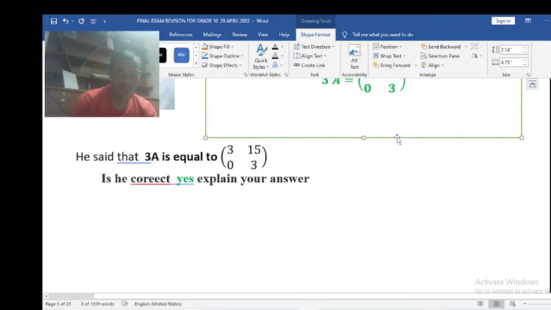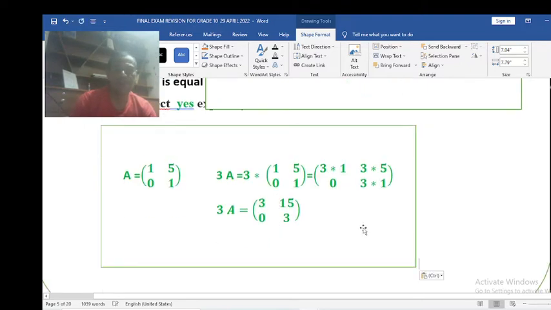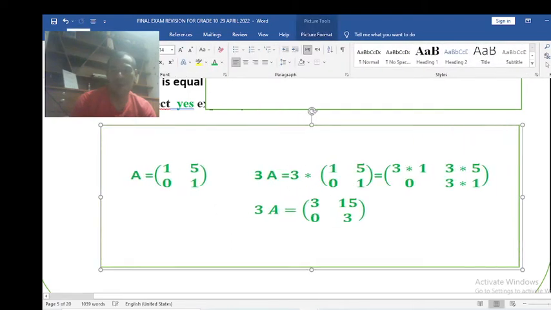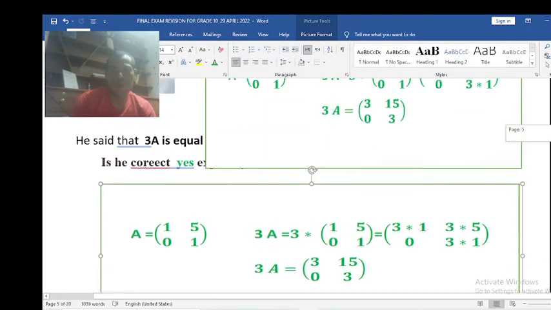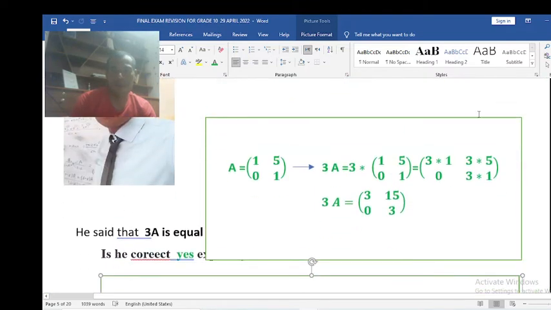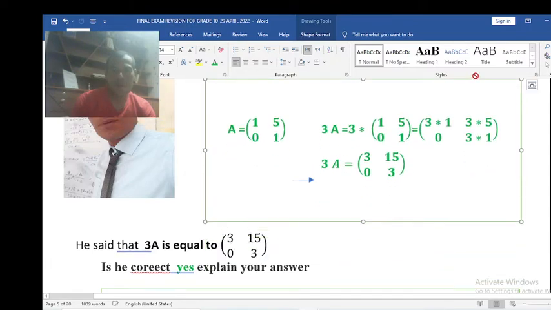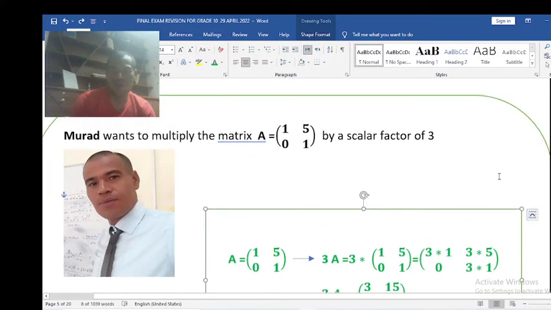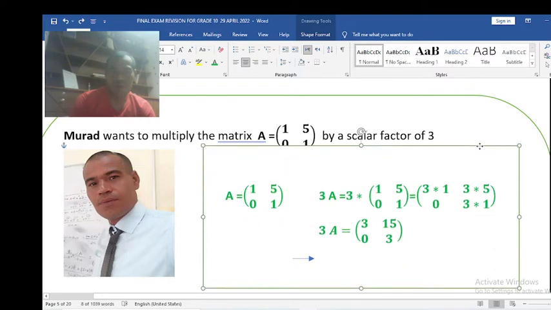Clear? I wish that the explanation is clear for you learners.